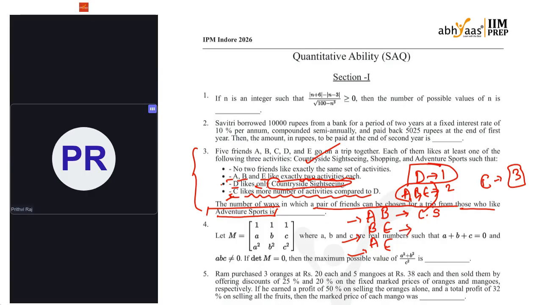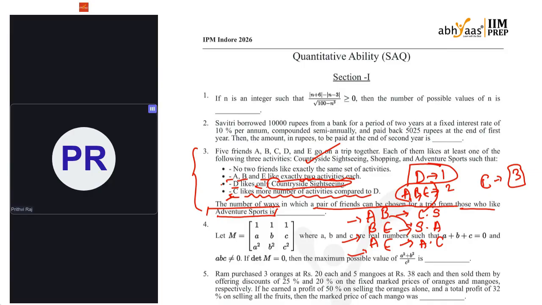Similarly, B and E may go to shopping and adventure sports, and A and E may go to adventure sports and countryside sightseeing. They may vary. I'm not saying that A, B should go to countryside sightseeing and shopping. These are not fixed. They may go to any of these combinations. So I'm talking about the combinations. These 3 persons can go to any 3 pairs of activities.